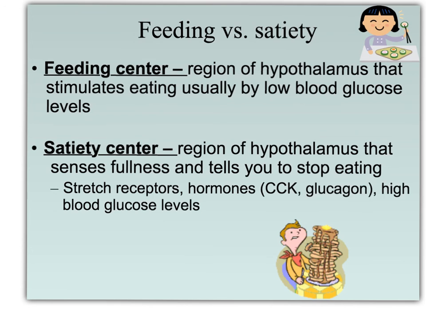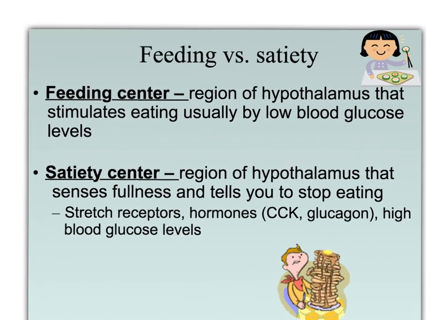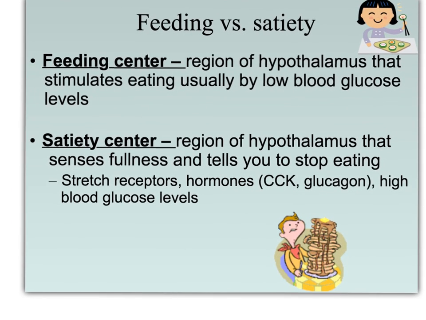So again, the feeding center is the part of the hypothalamus that tells us, hey, I'm hungry. And the reason that it tells us that is because it's detecting low blood glucose levels. And even though we can adjust to those low blood glucose levels by breaking glycogen into glucose, we can also just increase them by eating something.